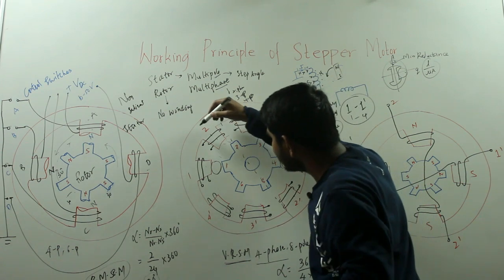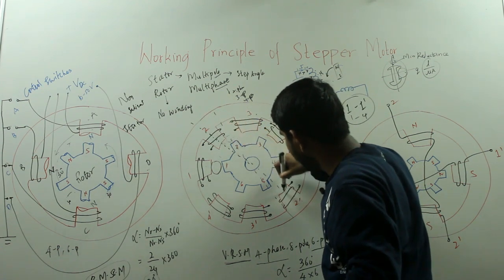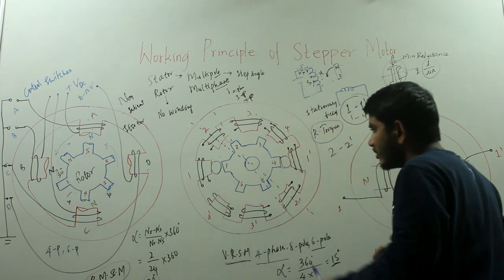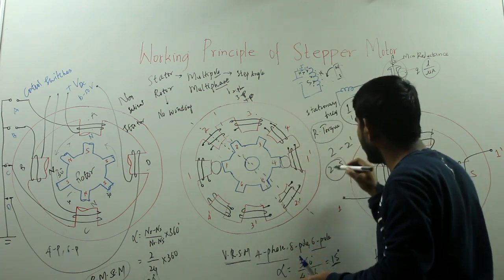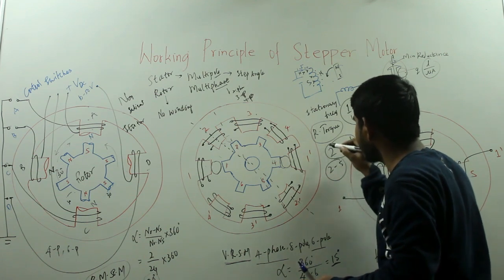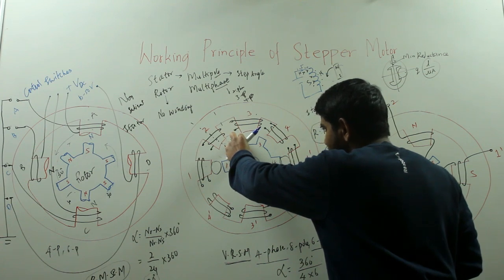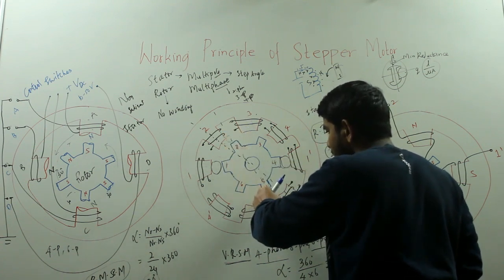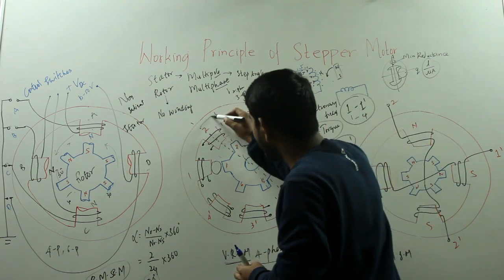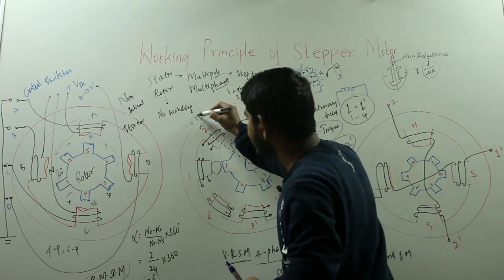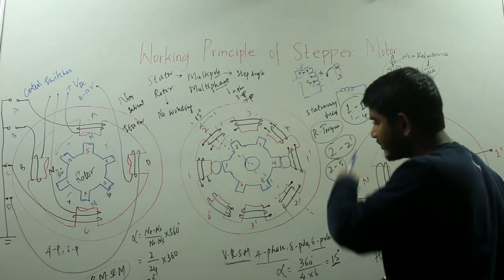You can see this is the axis for your phases 2, 2 dash. The rotor poles 2 and 5 will align with the stator poles 2, 2 dash, such that the reluctance experienced by these rotor poles 2 and 5 will become minimum. This will rotate in the anti-clockwise direction by 15 degrees, because the step angle is 15 degrees.